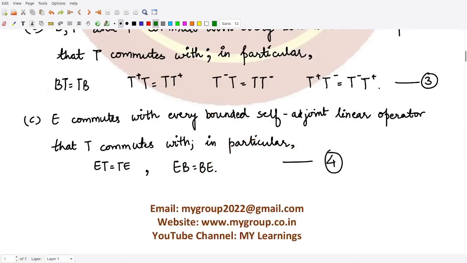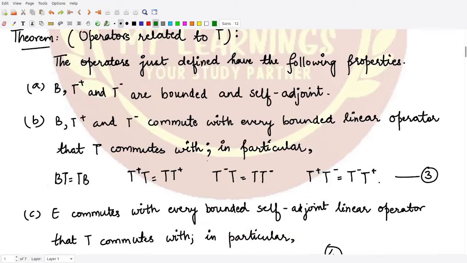For the second part of the theorem, we have the operators B, T positive and T negative. All three operators commute with every bounded linear operator that T commutes with. So suppose T commutes with S. In that case, S would commute with B, with T positive, and with T negative.